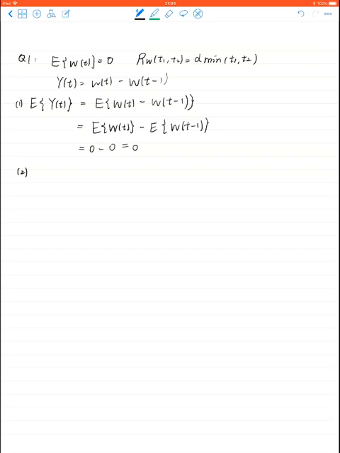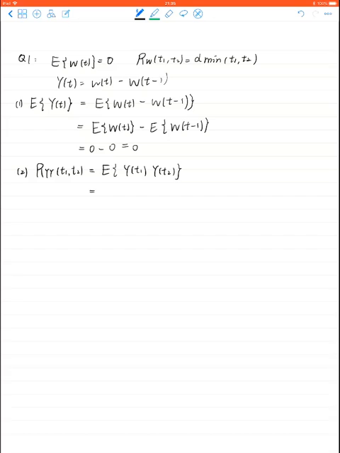The second one is we should find the value of R_YY(t1, t2). Given the definition of the autocorrelation function, that should be the expected value of Yt1 times Yt2.